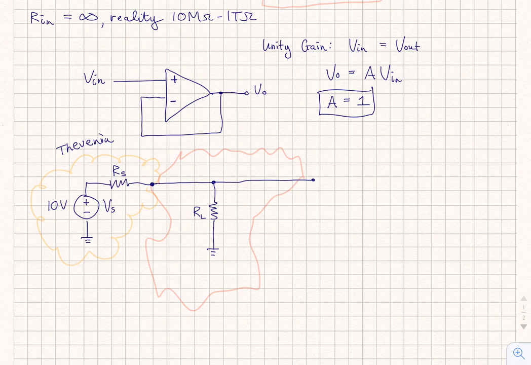And just to give some meat with the potatoes, let's make RL 1 kilo ohm, and we'll say RS is 99 kilo ohms. Okay, and we'll say this is Vout relative to our ground here.